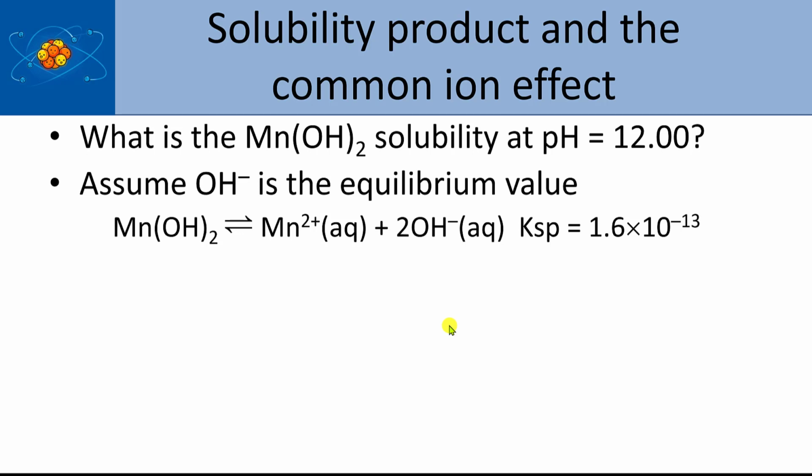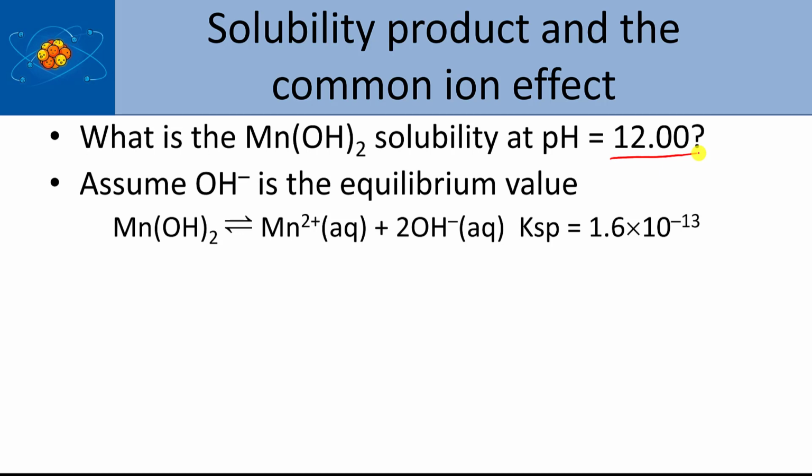We often have to calculate the solubility of a substance at a particular pH. When they say, what is the solubility of manganese hydroxide at pH 12, what you have to do is just assume that this is the equilibrium concentration. So how did it get that way?